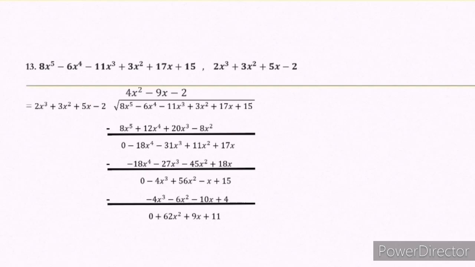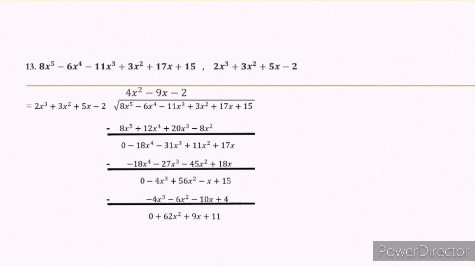Negative 9x times 3x squared is equal to negative 27x cubed. Negative 9x times 5 is equal to negative 45x squared. Negative 9x times negative 2 is equal to positive 18x.